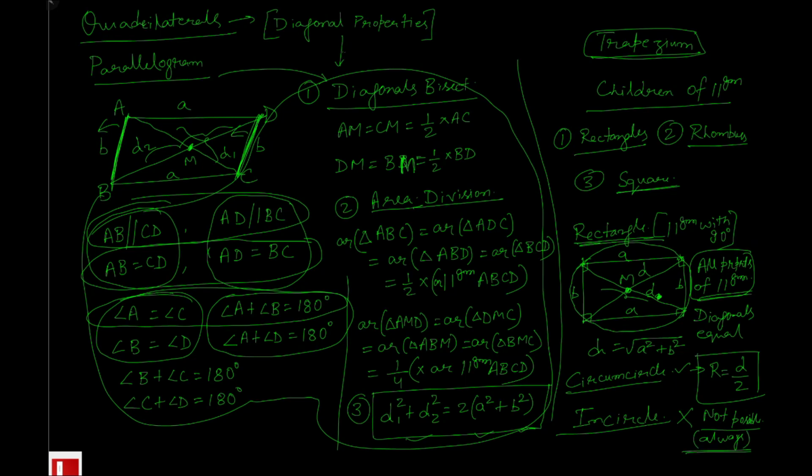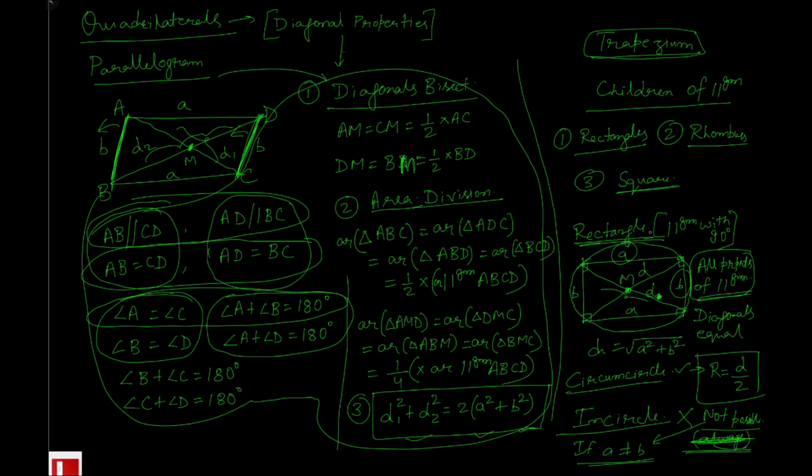I repeat, it is possible to draw an incircle in the rectangle only when all the sides are equal. If the sides are different, then not possible. So I will write not possible if A is not equal to B. If the sides are the same, then it is possible because it will become a square. But that is the next part that we are going to discuss.